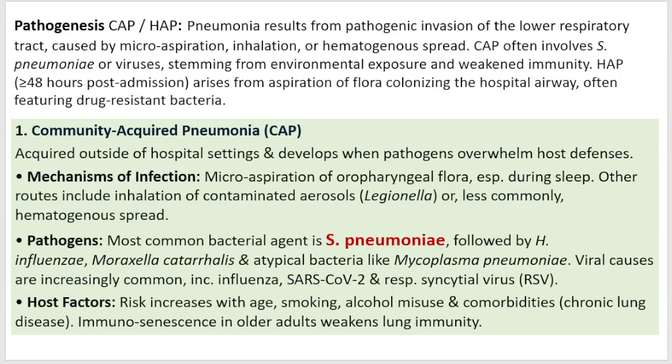The common pathogens are Streptococcus pneumoniae, Haemophilus influenzae, Moraxella catarrhalis, and atypicals including Mycoplasma and Chlamydia, while the viruses, as already explained, include influenza, SARS-CoV-2 and RSV. Host factors include age, smoking, alcohol misuse, chronic lung disease, comorbidities, and immunosenescence in the elderly, which weakens lung defenses.